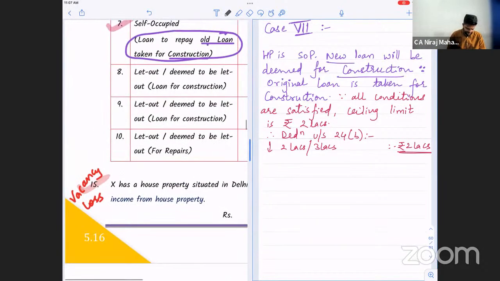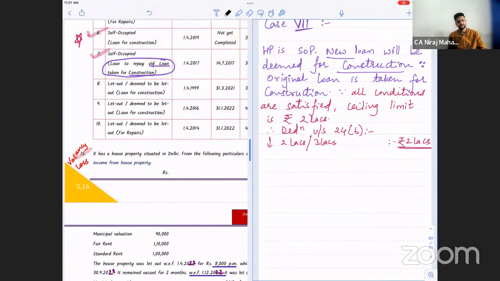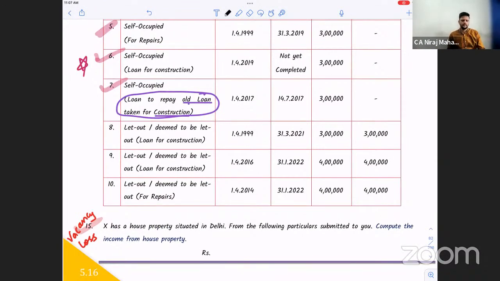Case number 8. What is the answer? Don't write down anything in your notebook. Give me the answer first. Case number 8. 30,000, correct. Okay, Mansi, 6 lakhs.